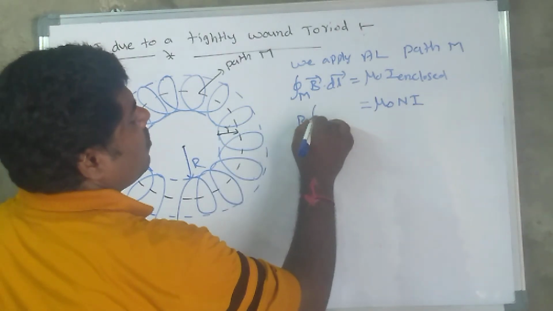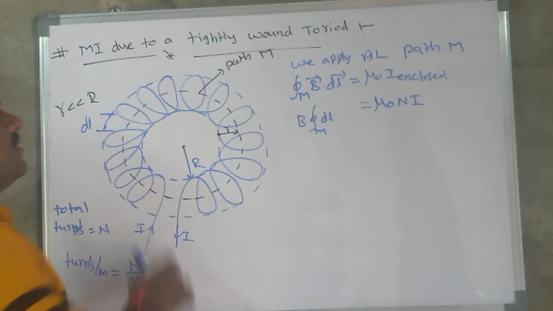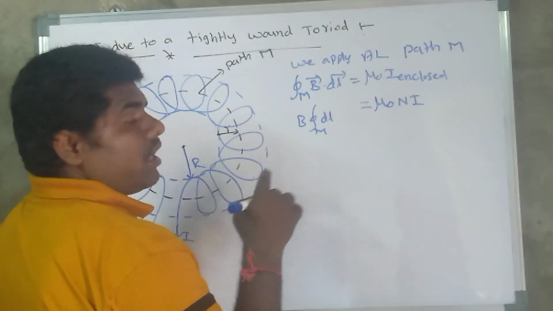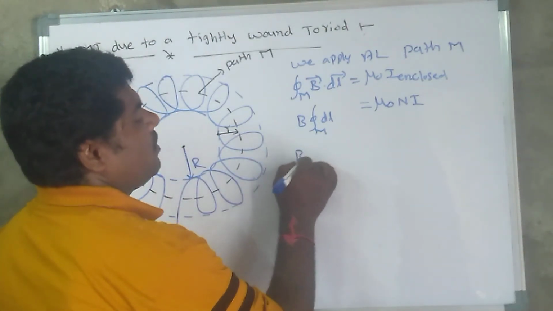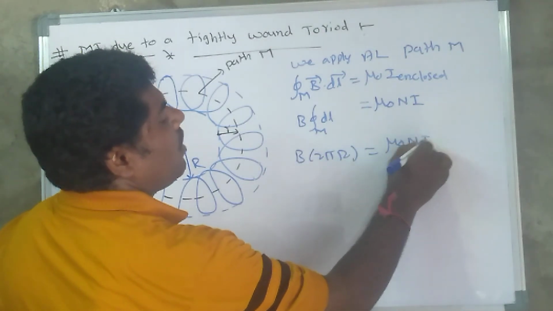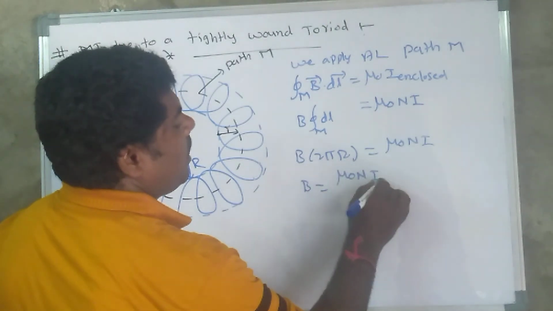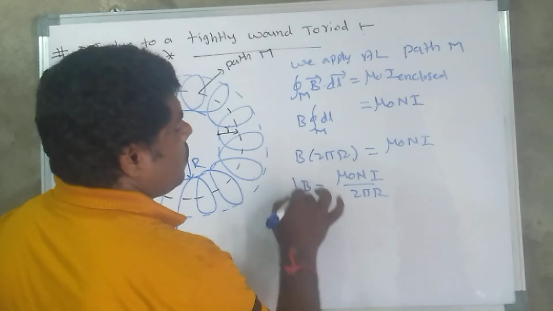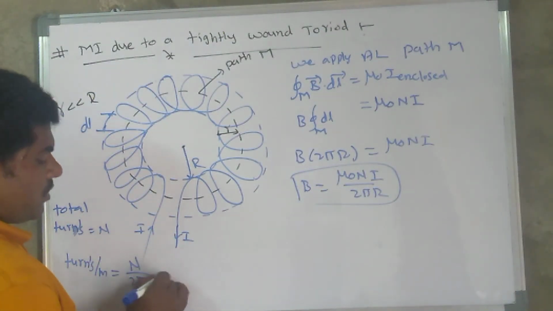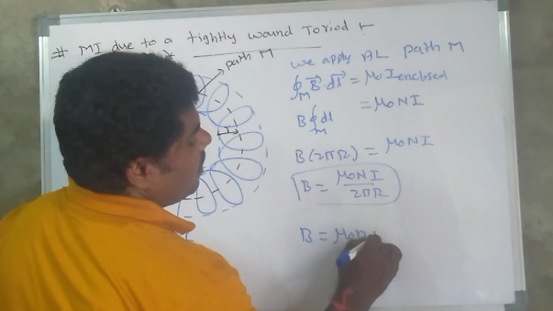So closed integral of dl, it looks like a circle, and this loop is nothing but 2 pi r, equal to mu naught N into I. So B is equal to mu naught N into I divided by 2 pi r. So here N divided by 2 pi r is nothing but the number of turns per unit length, small n, so B is equal to mu naught n into I.